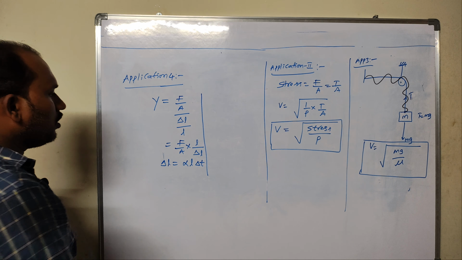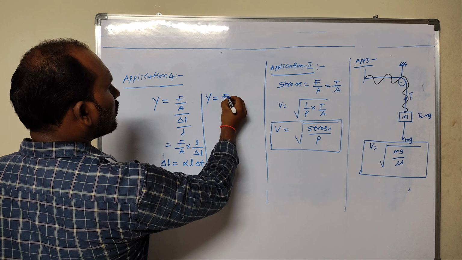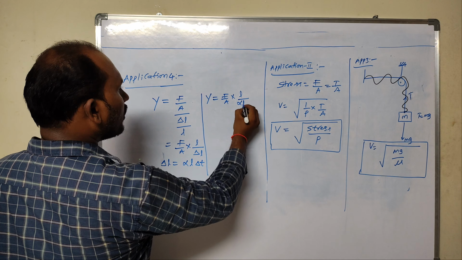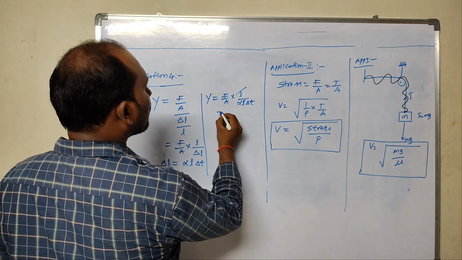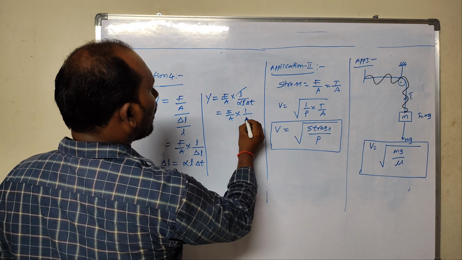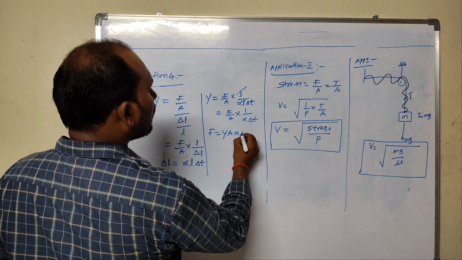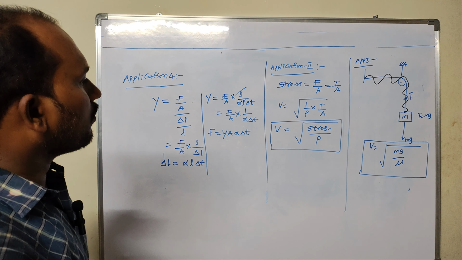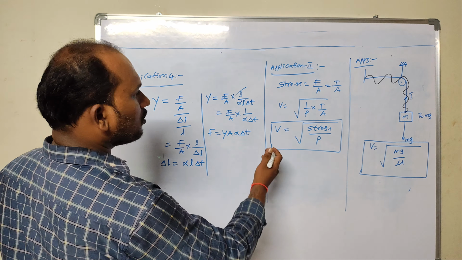In Young's modulus Y is equal to F by A into L by delta L, in the place of delta L we substitute alpha L delta T. L cancels, so we get F by A into 1 by alpha delta T. So F is equal to Y A alpha delta T. Here Y is Young's modulus, A is the area of cross section of the string, alpha is the linear coefficient of expansion of the solid, and delta T is the change in temperature, higher temperature minus lower temperature.